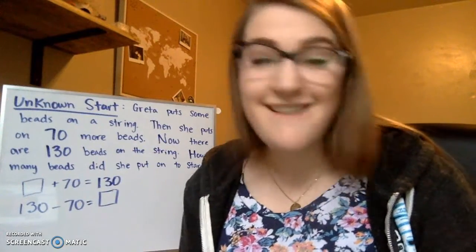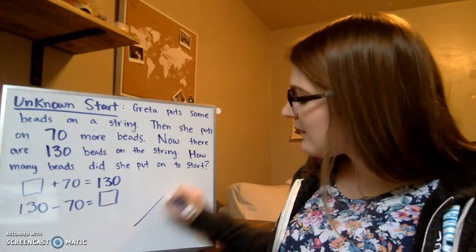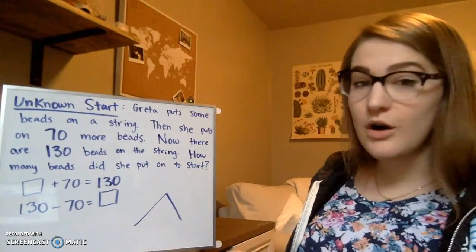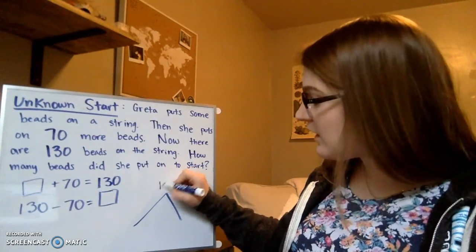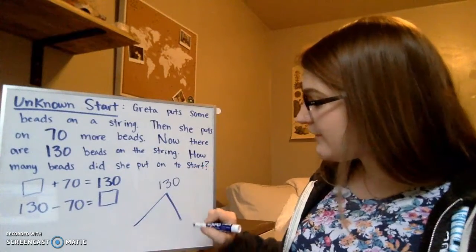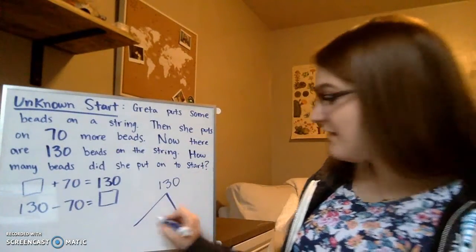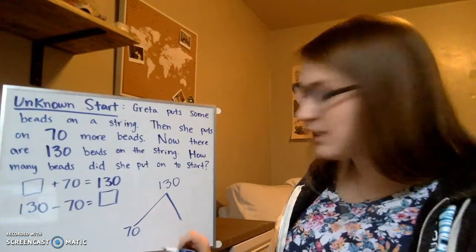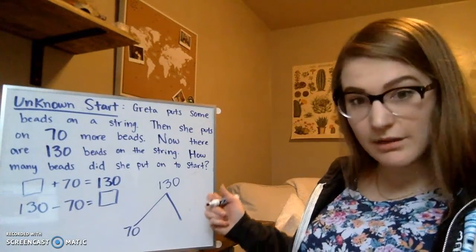We could also do one of our lovely math mountains. So we know that the total number of beads that she ended up with on the string was 130. We know that one of the add-ins is 70, those 70 beads that she added on. And we want to know how many beads she started with.